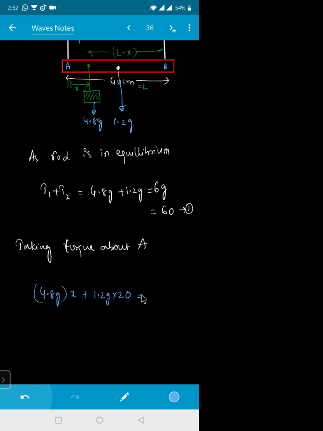That must be equal to T2 into your 40 centimeters. I'm taking the point A as a reference. Torque due to T1 will become 0 because the force is passing through that axis, isn't it? If the force is passing through the axis, the torque due to that tension will be how much for me? 0.